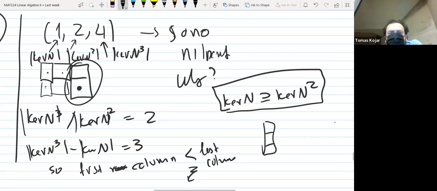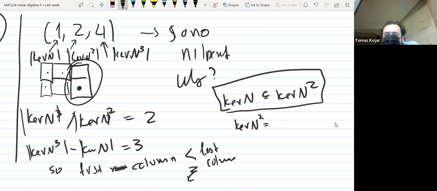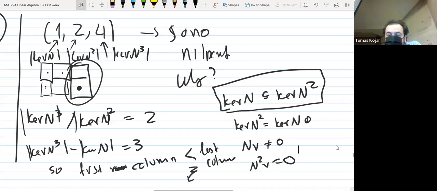Oh, what am I doing here? No, you're right. What do I want to do here? Oh no, I know what I want to do. Sorry. So I want the complement, and so one of the elements that are not equal to 0, but n squared of v is 0, right?